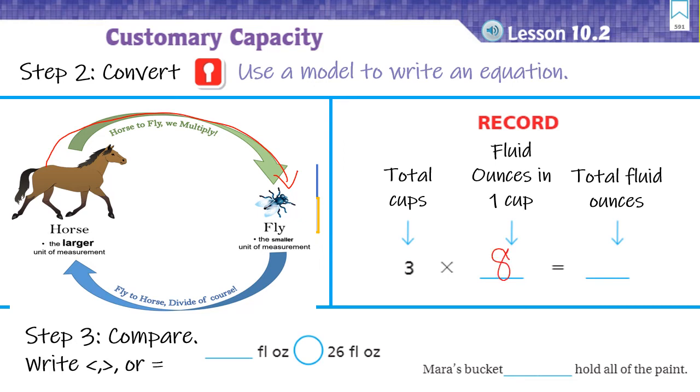So the total fluid ounces she has is 24. 3 times 8 is 24. So she has 24 fluid ounces of paint, and the container will hold 26 fluid ounces. Well, we know 24 is less than 26, so Mara's bucket will hold all of the paint.